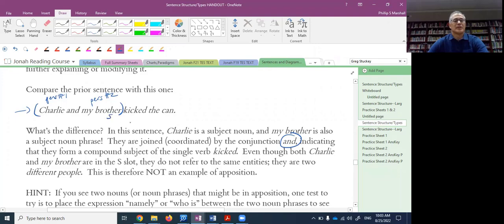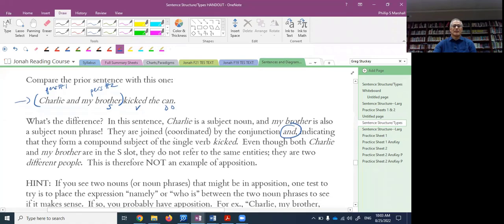Charlie and my brother equals the subject. Kicked is the verb. And the direct object is can. So Charlie and my brother here are not the same person, and they are not juxtaposed, that is, slapped side by side together without the conjunction and. So this is not an example of apposition.